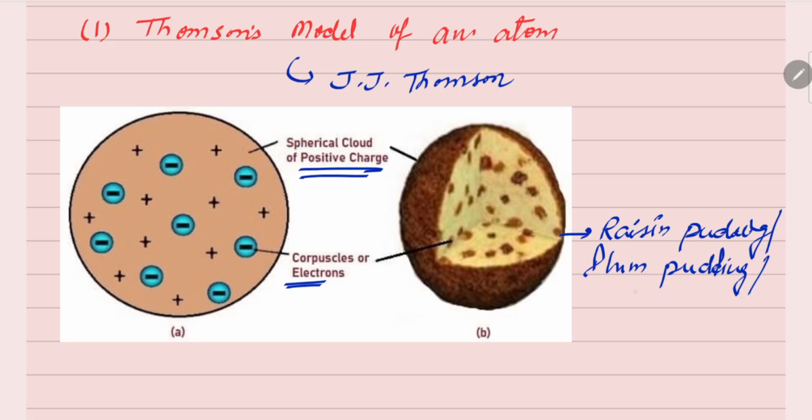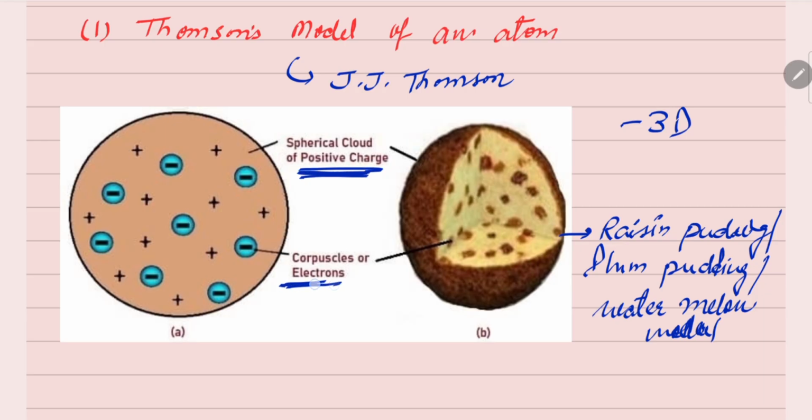It is also known as watermelon model. Right? So this actually gave us an idea that an atom was spherical. Okay, it is not two-dimensional, it is three-dimensional. It was a 3D structure, and it has positive charge.